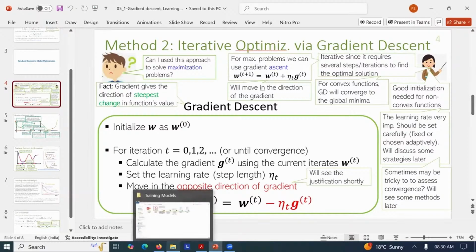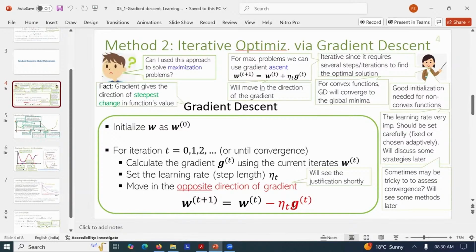So if we are using batch gradient descent, the gradient will be accurate, and the number of iterations will be less. Within very few iterations, we will reach the minima position, right?